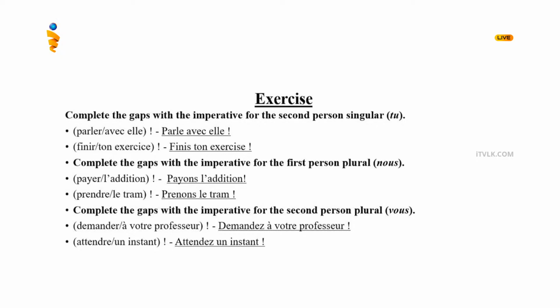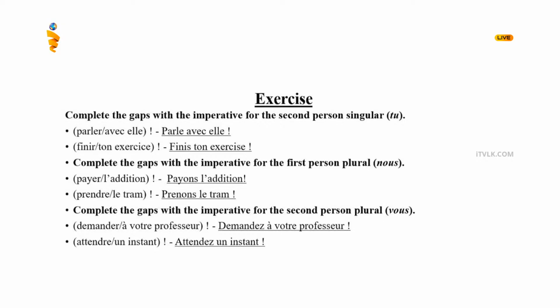And in the second section, how to use imperative with the first person plural, that is with nous, is explained to you. So payer l'addition and prendre le tram are formed in imperative as payons l'addition and prenons le tram. So we are actually using the same rules that we learned earlier. And in the last section we take imperative with the second person plural, with vous.